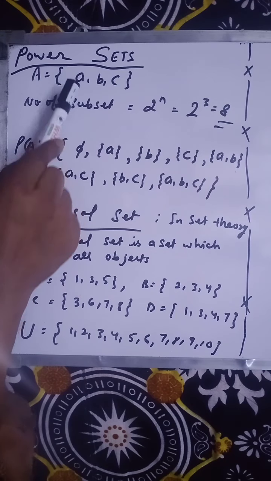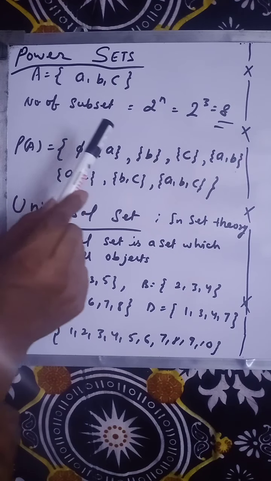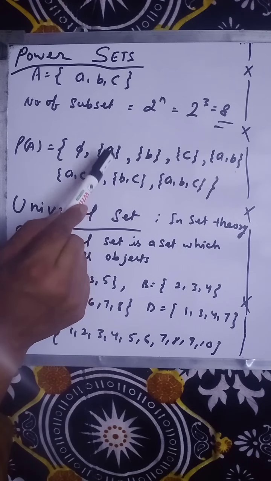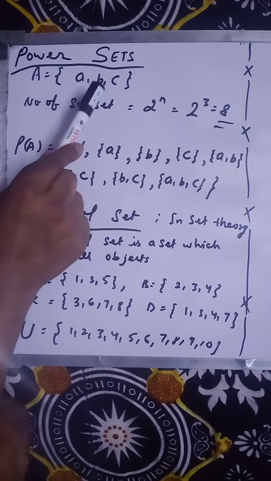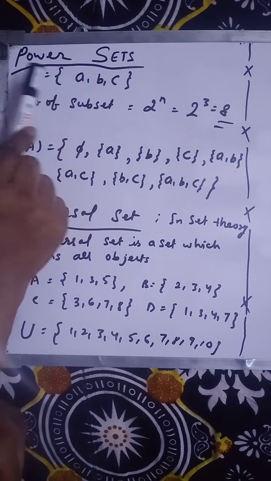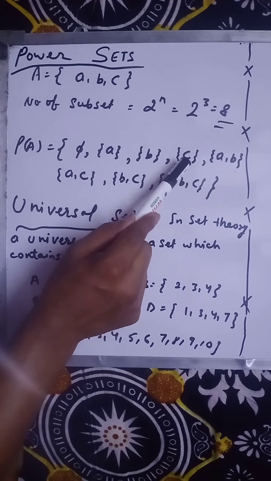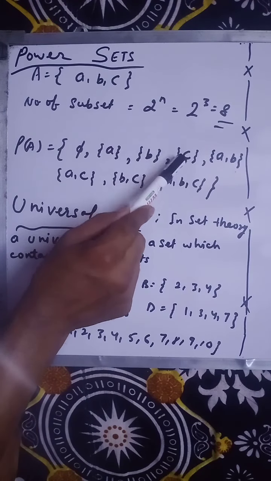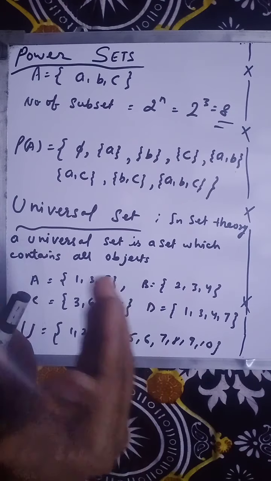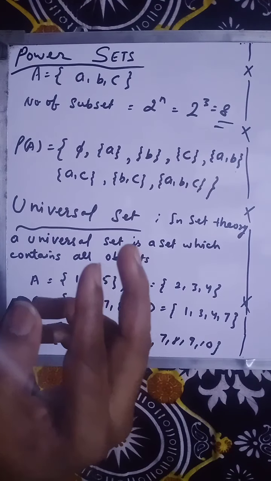Then {a}, single, you have to take. This a is a subset of this set, and b is also a subset of this set. c also. You have to take them one by one first, then you have to make pairs of two.